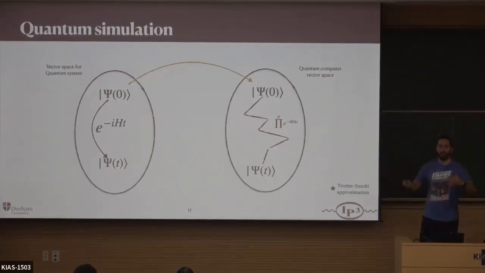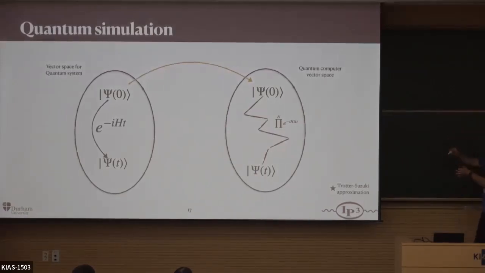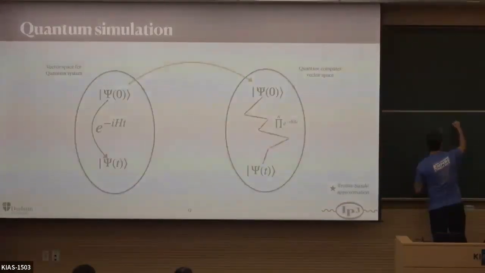This is basically done by trotterization of my Hamiltonian. If my Hamiltonian terms are not commuting, I have to trotterize my Hamiltonian exponential in this way.